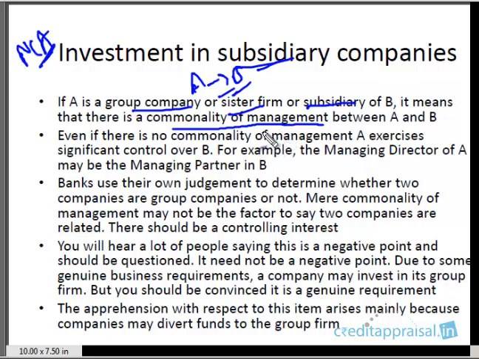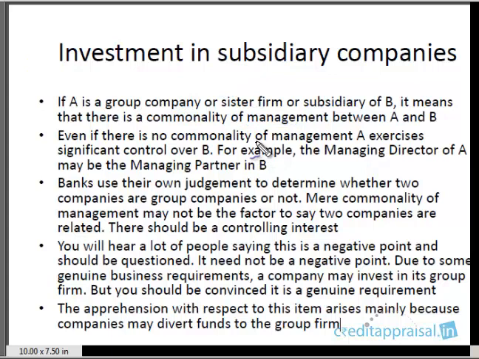Of course, commonality of management per se need not be the reason why we classify two companies as group companies. That alone is not sufficient. What we're actually saying is a controlling interest, right? Take for example, A is a person. He's a proprietor of a firm which is engaged in trading of some FMCG products.